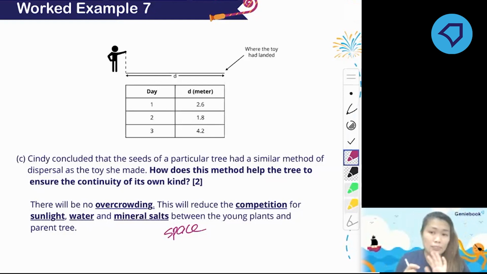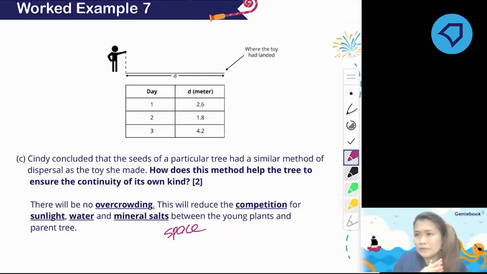If the plants are not overcrowded, they are actually shorter and the stems are thicker. So if they give you diagrams like this and ask which one is overcrowded, the one that's tall and thin is overcrowded, and the ones that are shorter and thicker in the stem size are not. Those that are overcrowded need to compete for sunlight, so they try to outgrow each other in terms of height.